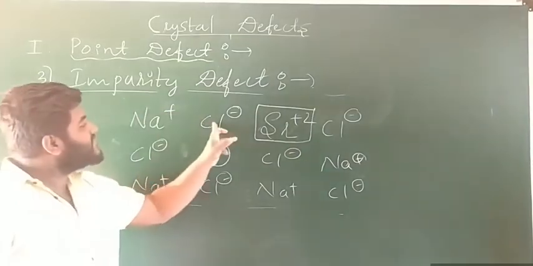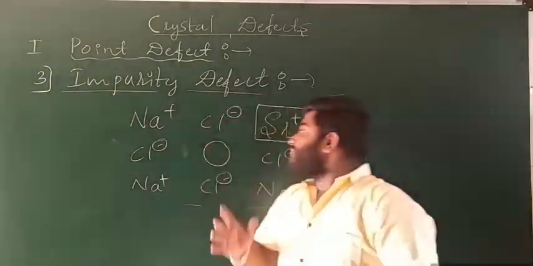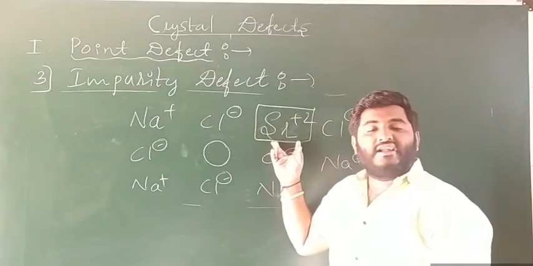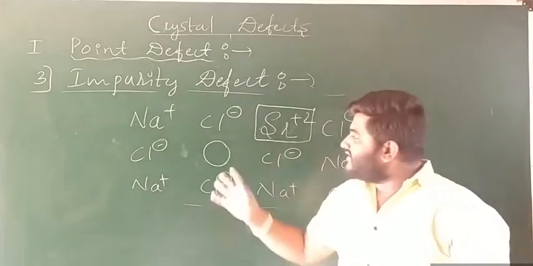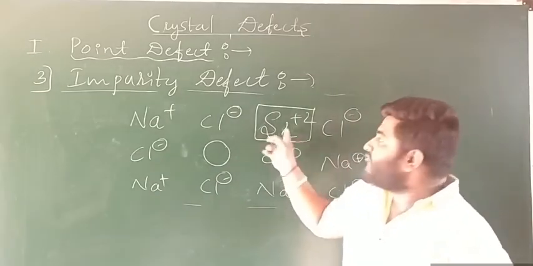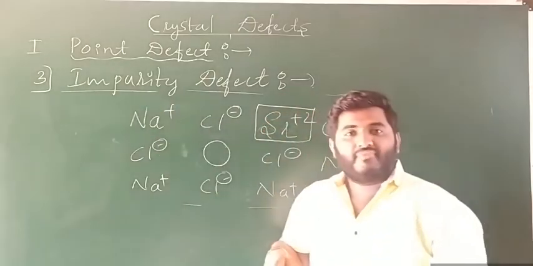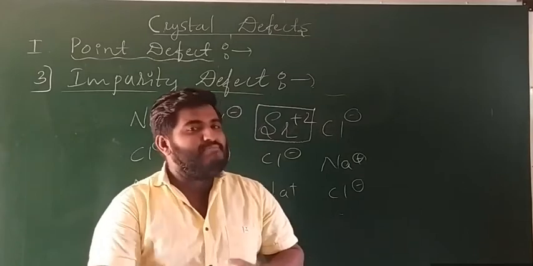See, here Na+ Cl-, Na+ Cl- are there, but except Na, some other atom comes here like Sr+2. These are called foreign atoms, other atoms than the crystal. So Sr+2 comes to maintain electrical neutrality. Therefore the name impurity. Impurity defect is just like a metal deficiency defect itself.